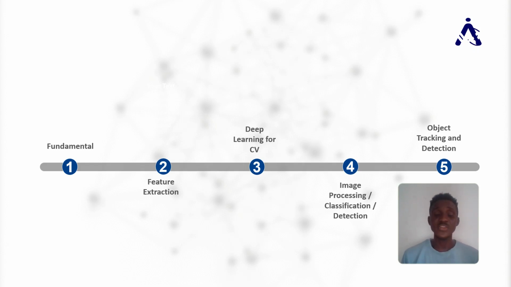So in the second phase of this learning, we look at feature extraction. Here we dive deep into the basic edge detection techniques. We look at corner points or interest area detection and feature descriptors. So these are the basic, like, intro to computer vision.